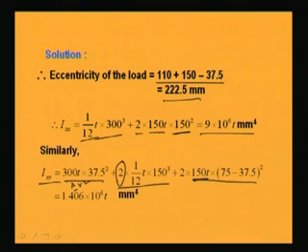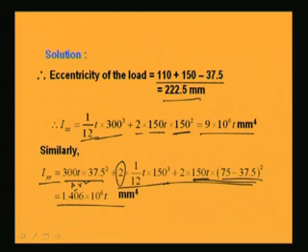A is this area, R is 75, the CG of the individual portion, from which 37.5 has to be subtracted. So 75 minus 37.5, whole square. The total has been calculated as 1.406 into 10 to the power 6 T millimeter to the power 4.